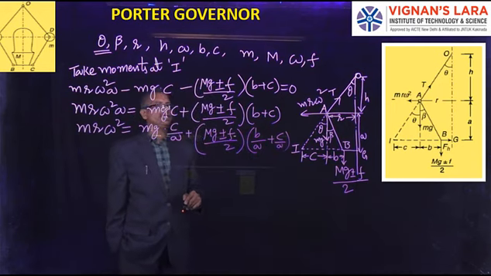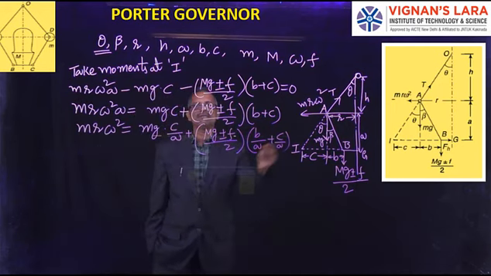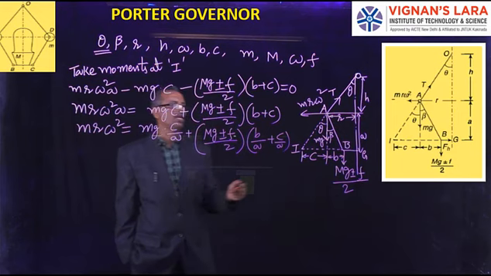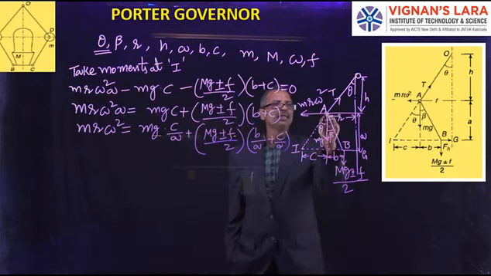Then let us see what C/A is and what B/A is. Look at this triangle.